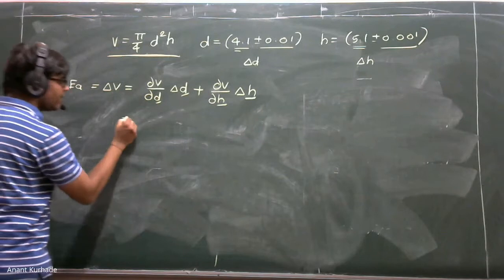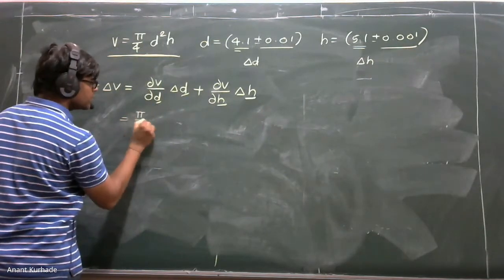Now take its partial derivative. See, pi by 4 is constant.